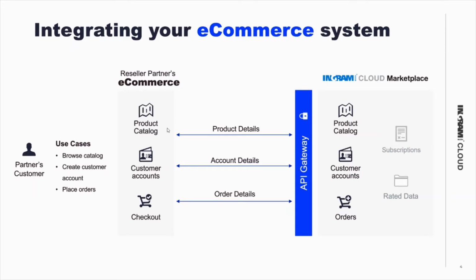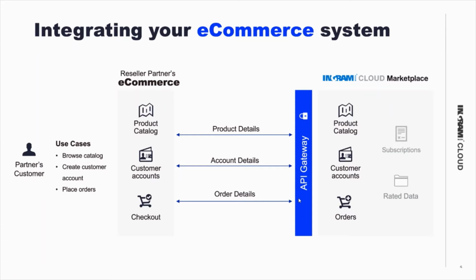You can also take all the customers' information from the Ingram Marketplace and transfer it to your e-commerce platform. Or you could create customers automatically on our system using the API. Once you have the customer in our system, you can place orders on behalf of them through the API.